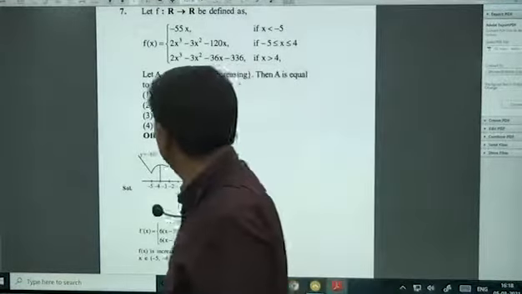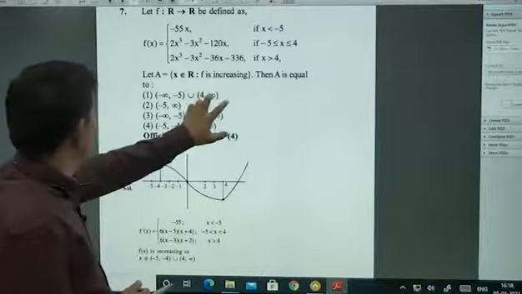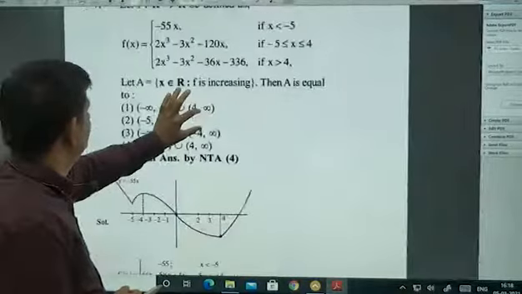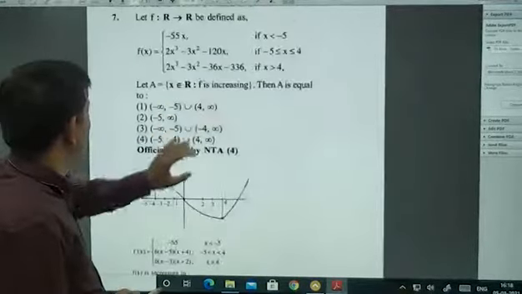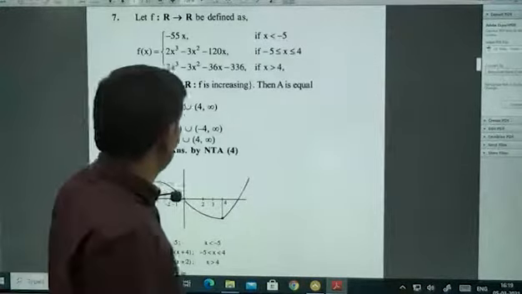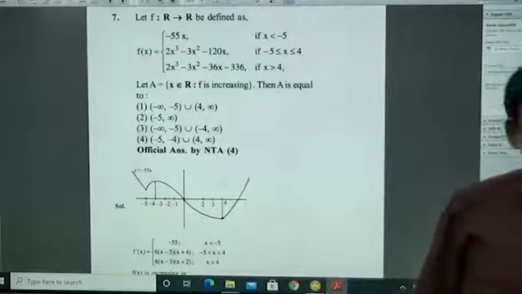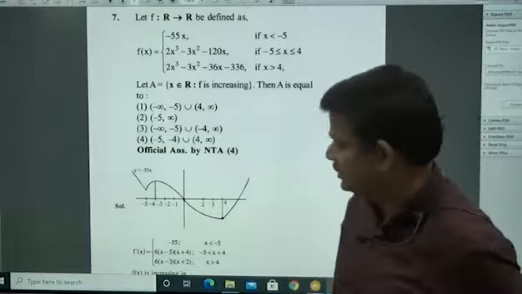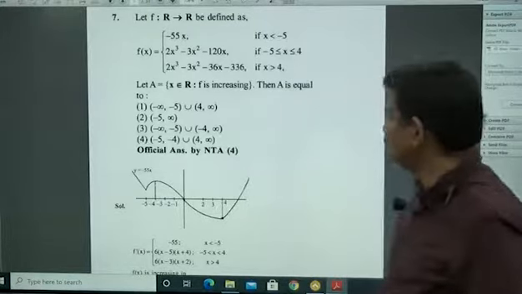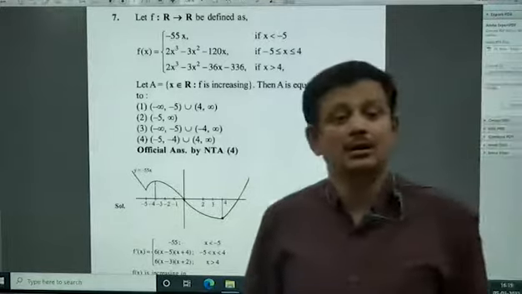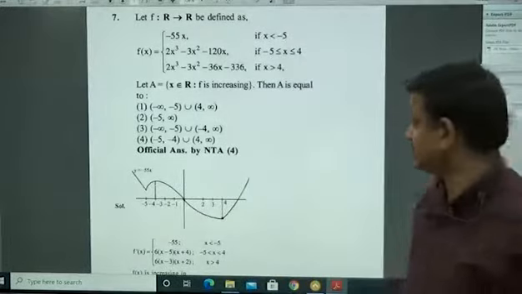F is defined as minus 5x when x is less than minus 5, 2x cube... okay. So he is asking you to understand where the function is increasing, okay. So there is no other go, you have to find monotonicity, differentiate.